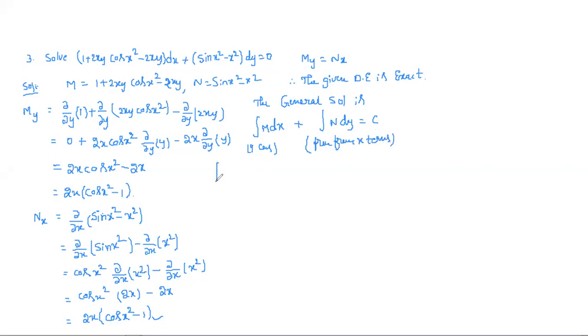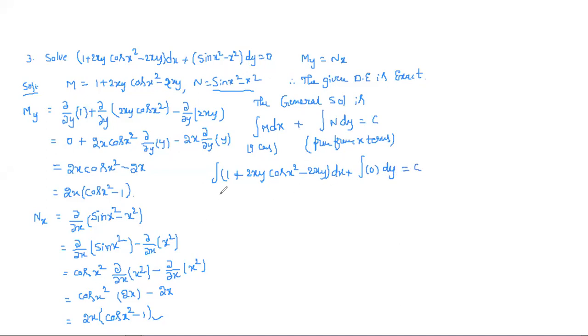So M as it is: integral of (1 + 2xy cos x² − 2xy) dx plus integral N dy, and N dy is nothing but the terms without having x. Is there any term without having x in N? No term. So we write 0 dy is equal to c.